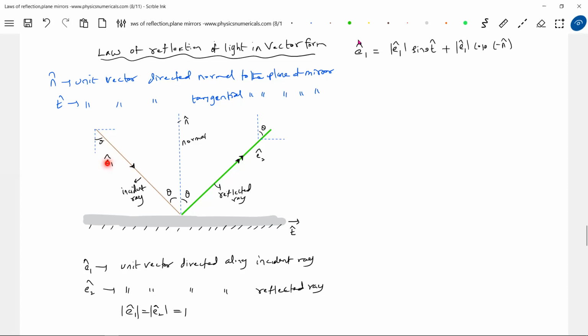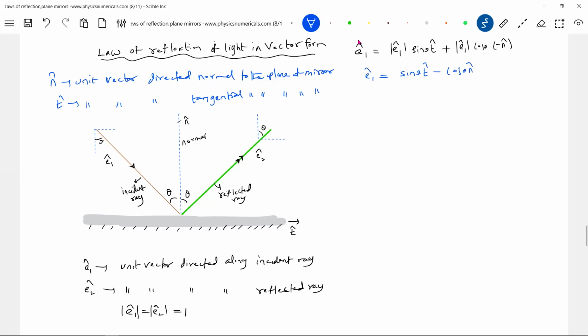Let me define this E1 cap. The direction of E1 cap is like this. Its horizontal component, E1 sine theta, is in the direction of T cap. E1 cap cos theta will be along minus n cap. After simplifying, magnitude of E1 cap should be 1, so this will become sine theta T cap minus cos theta n cap.